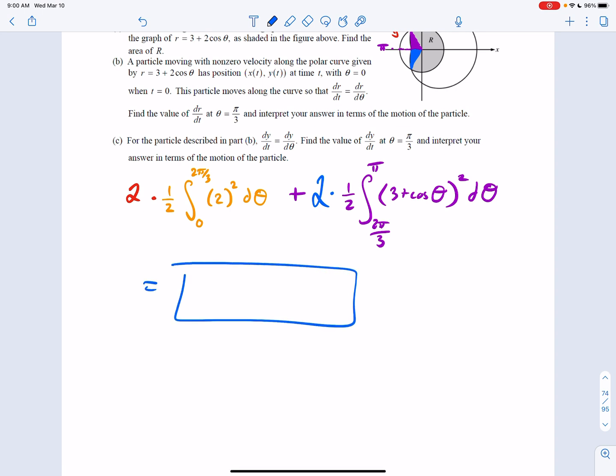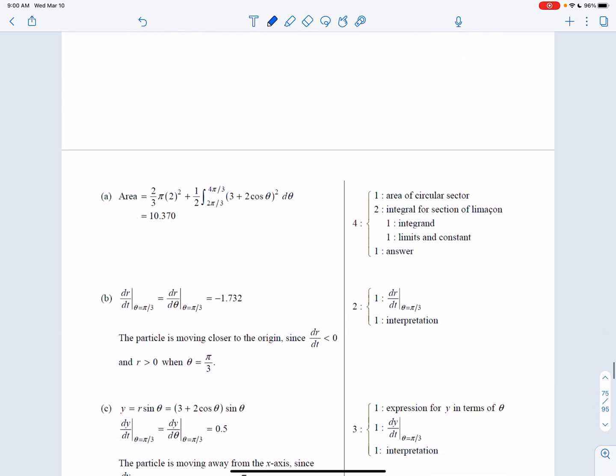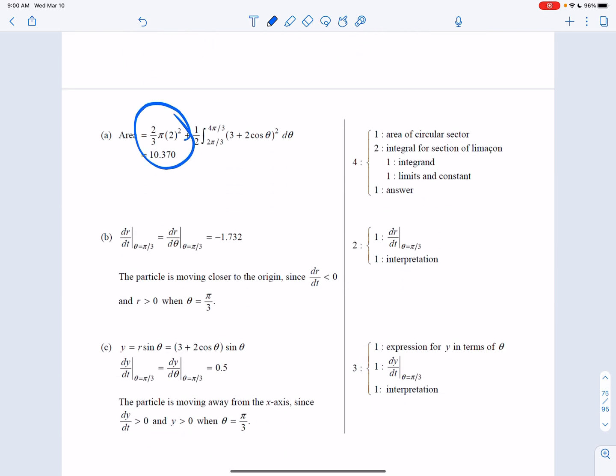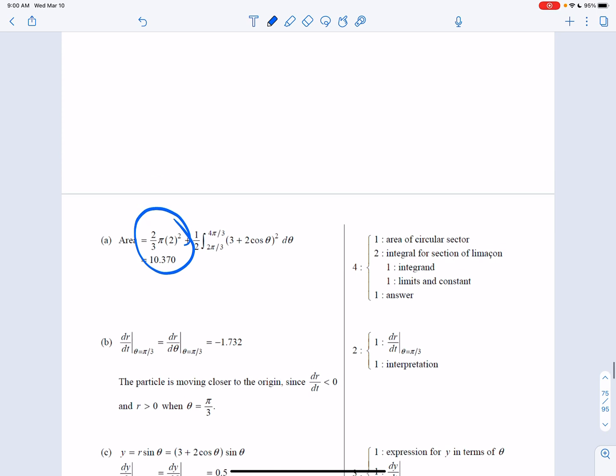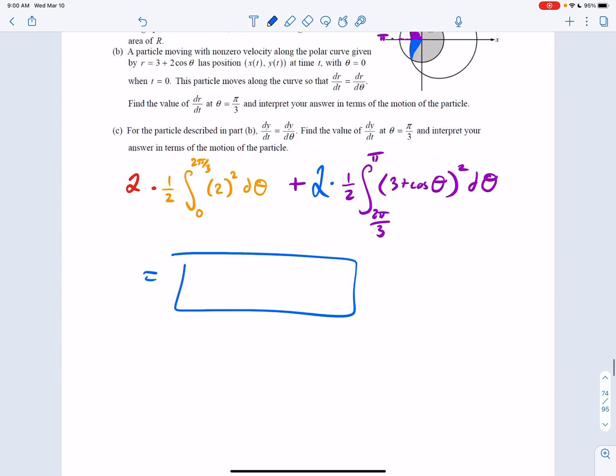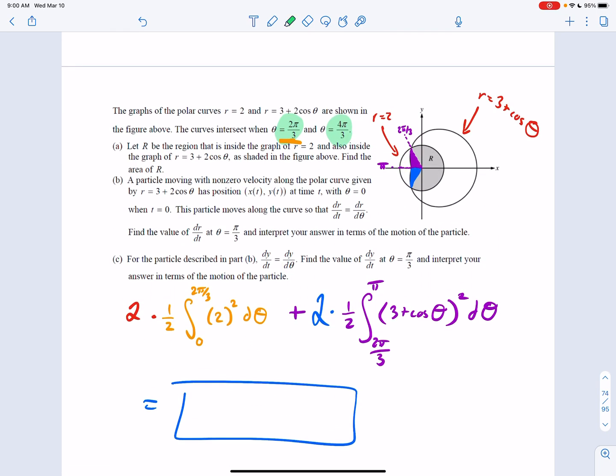On the scoring guidelines, some people tend to flip out because they see the 2/3 pi times 2 squared. What the AP reader or whoever made these scoring guidelines did was they noticed that the orange shape, I'll color it in again one more time, is actually a part of a circle.